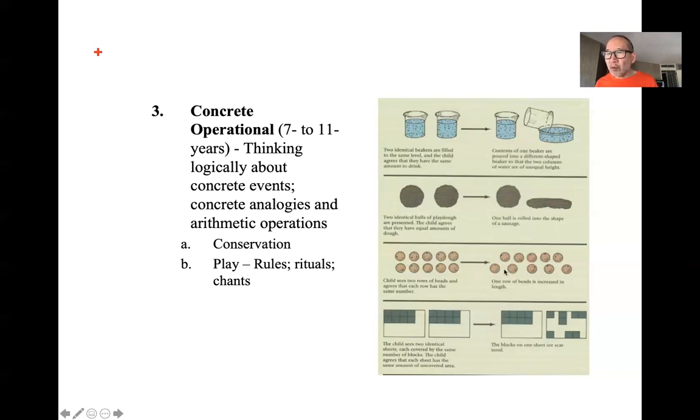Because it's wider, spread out, and that is one change in row two. But we know it doesn't mean there are more coins. We know it's the exact same amount, because it's just that one feature, the width of the row, that has changed, but not the row itself. So that's the notion of conservation.